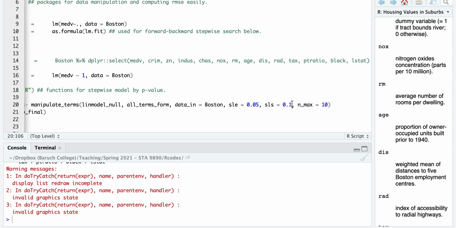And this 0.1 means that once you reach the end of forward selection, remove variables. Remove the one with the largest p-value, and do that until there is no variable left that has a p-value greater than 0.1.